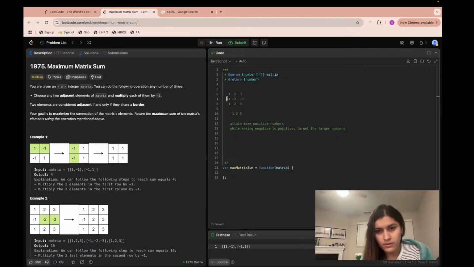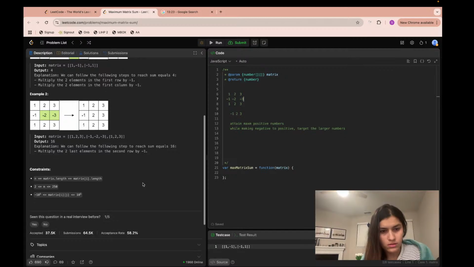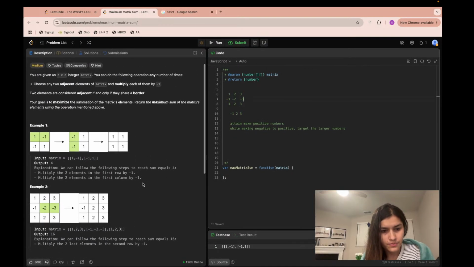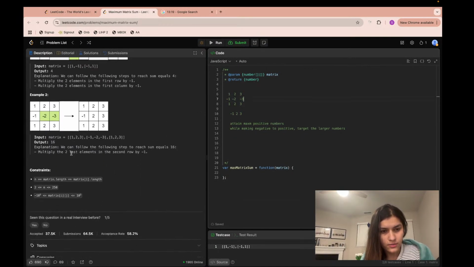I cannot make everything positive at the same time, because I can only make two numbers positive at a time. If I have to choose two at the same time, I choose this. So multiply the last two elements by -1.